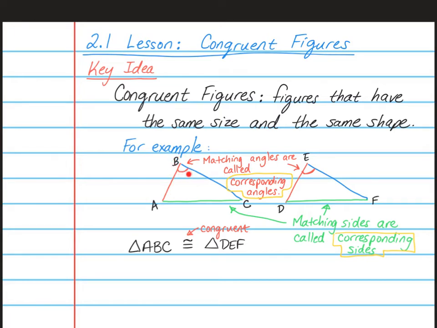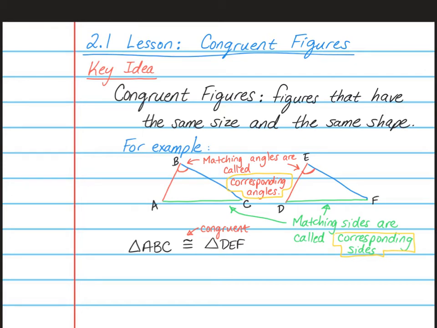We can see that B and E are corresponding angles, but we can also look at the congruence statement. Notice that B is the second letter, and that corresponds to letter E, which is also the second letter. So these two angles, because they're the second letter, are corresponding.